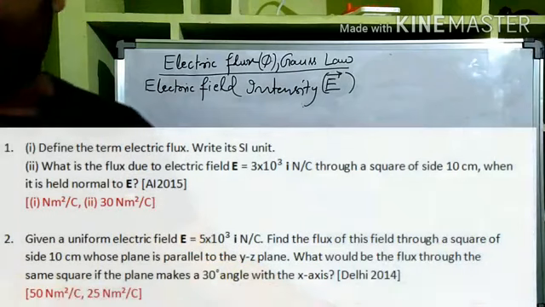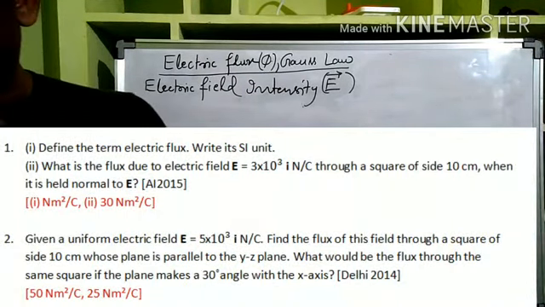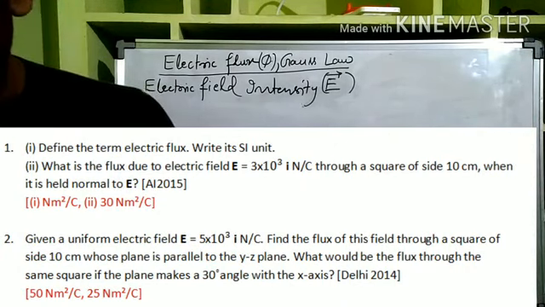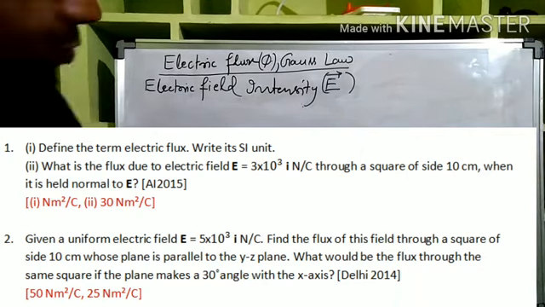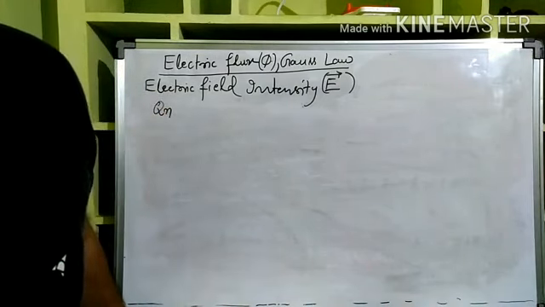So the second numerical you can see, and I hope you have noted that already, which says given a uniform electric field E is equal to 5 into 10 cube i cap Newton per Coulomb. What is given? It is the next question, right?